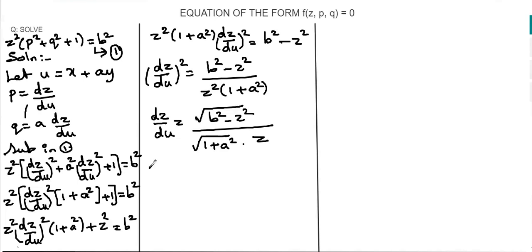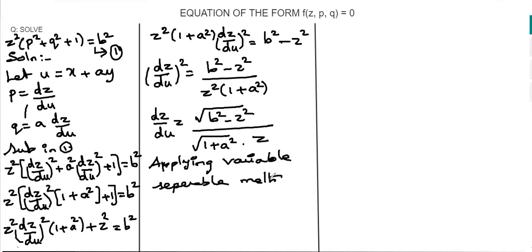Now we can go with applying the variable separable method. That is, we have to separate the variables involved in the above equation. So dz by du is here, so dz will be there. Whatever z values are involved on the right hand side, you have to bring to one side.